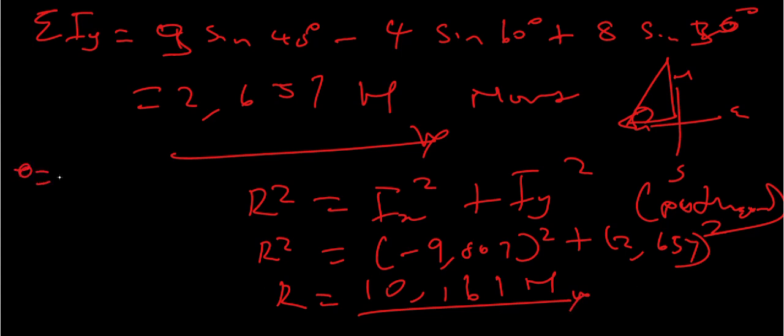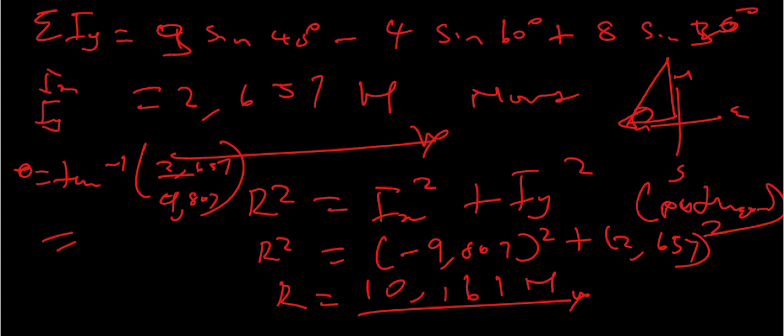So we're going to say theta is going to be tan inverse. Remember, we're dealing with F of x and F of y. So the sum of the F of x and the sum of the F of y: F of x is going to be negative 9.807, and then the other one is going to be 2.657.